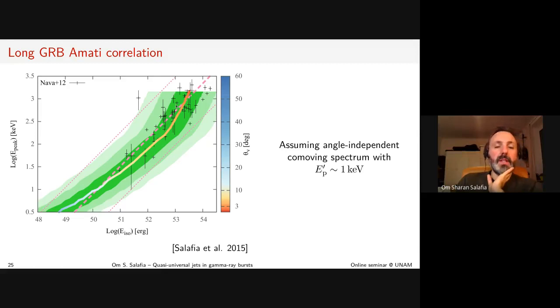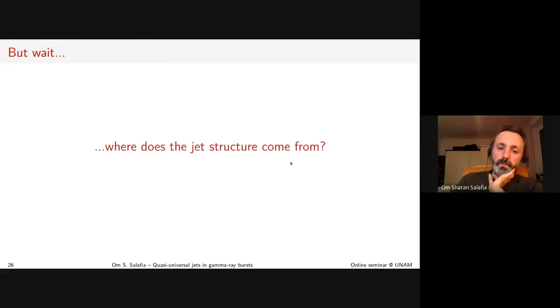So the correlation that is found between these two quantities observationally in long GRBs and hinted at also in short GRBs. So we were very happy because we had also this way of explaining this correlation as due to a sequence of viewing angles with some dispersion due to the intrinsic dispersion of the properties of these sources.